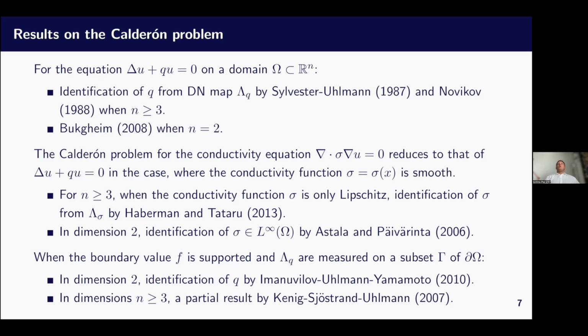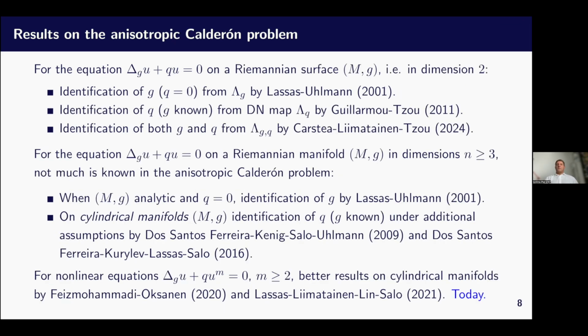So how about the anisotropic case? From now on, let me call all Calderon type problems where you have matrix valued coefficients anisotropic Calderon problems. In this case, for the equation Laplace_g u plus q u is 0 on a Riemannian surface, so that means a Riemannian manifold of dimension 2, identification of the metric g in the case when the potential is identically 0 was done by Lassas and Uhlmann in 2001.